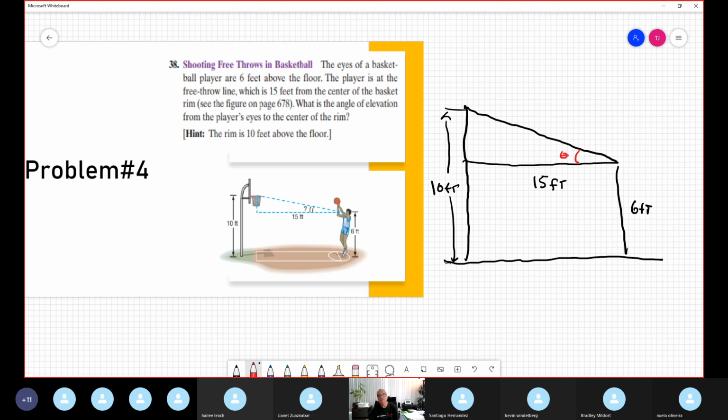There. So what is the piece of information that we have? We have that distance. With respect to the angle it is adjacent. Of course, I can find that distance because it's easy: 10 minus 6 is 4 feet. Makes sense, right?